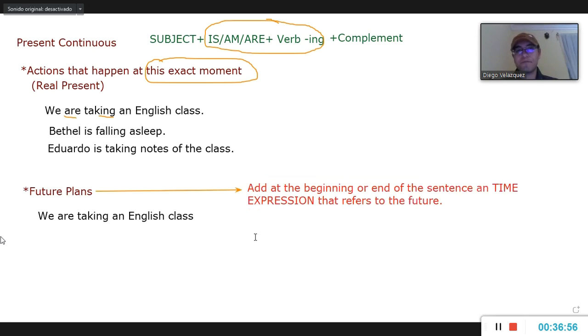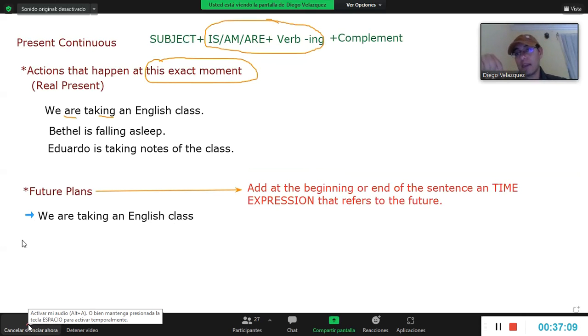Attention in this part. What's the point in here? If I look at this sentence that we have in here, guys, we are taking an English class, it's something in this moment.